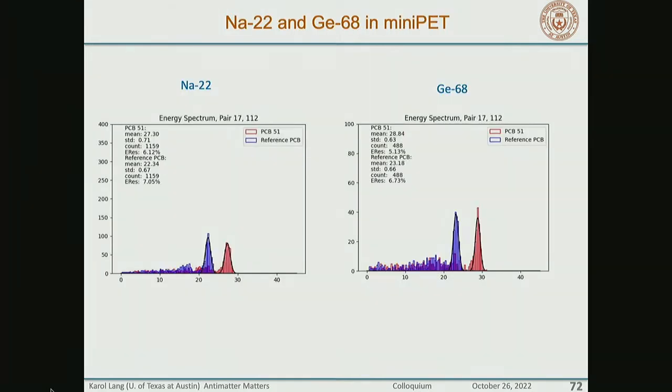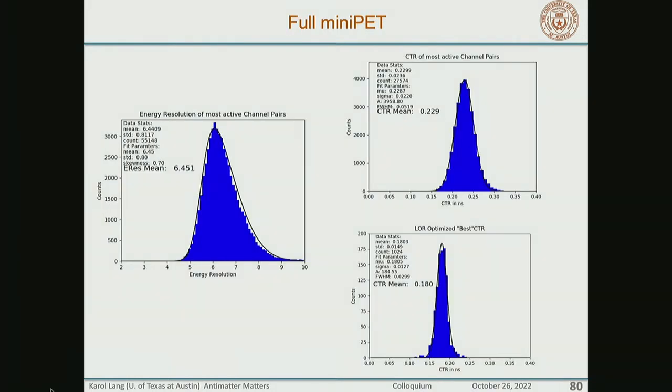This is the energy response of these crystals, very nicely seen, so-called photo peaks, and the rest are so-called Compton edges. These are Compton interactions, and these peaks are photo peaks, where all the energy is actually deposited. We achieved quite nice numbers in energy resolution and so-called timing resolution, or CTR, coincidence time resolution.